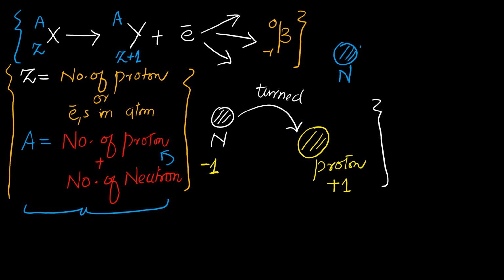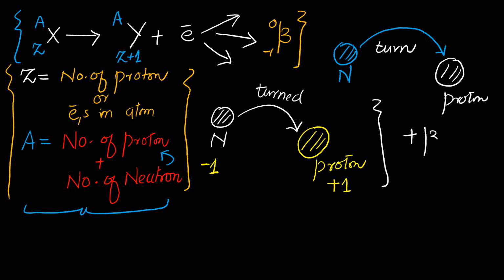These atoms basically will turn a neutron into a proton, and during the conversion of neutron into proton, they release highly energetic radioactive particles, and these radioactive particles are known as beta particles, and the process is known as beta decay.